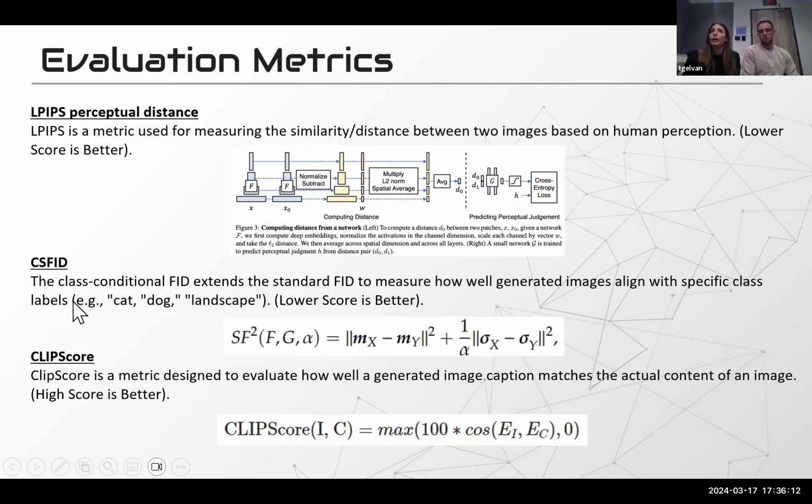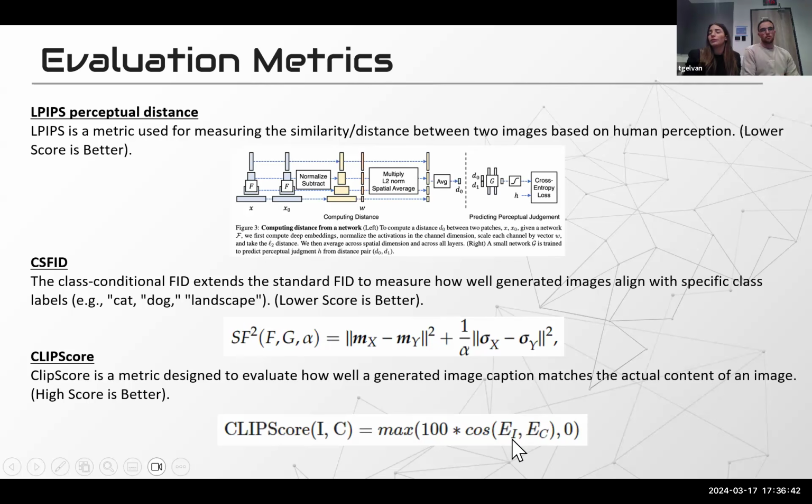We also have a metric called CSFID, which is actually an extension of the standard FID, but conditioned on the class. So the following formula is computed per each class, and then we take the average along the classes. The third metric is the CLIP score, which is a metric that actually computes two embeddings.